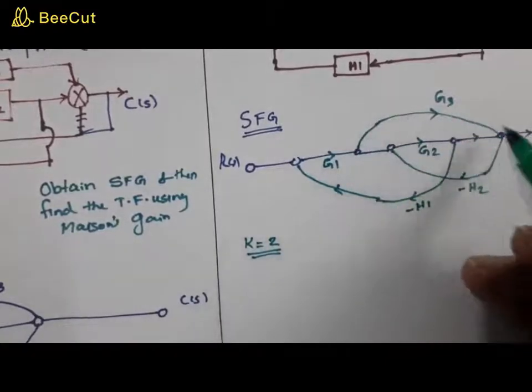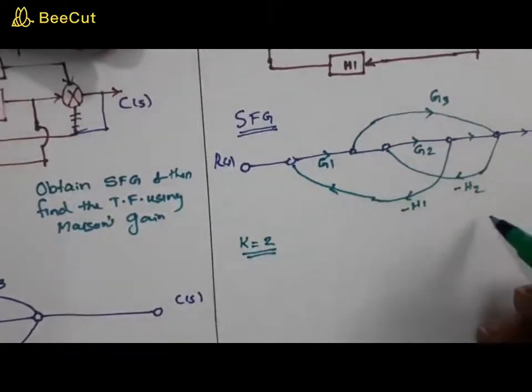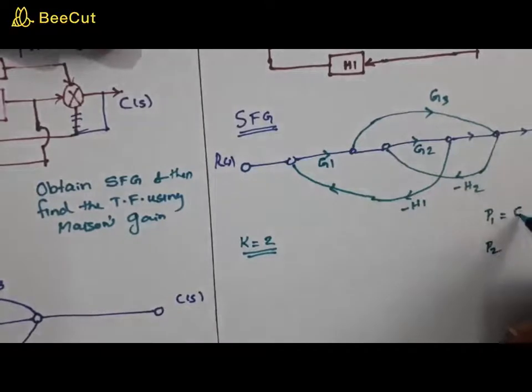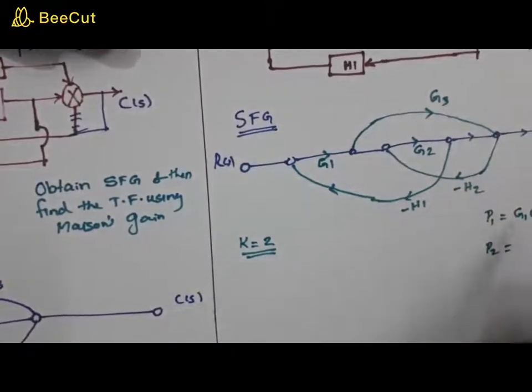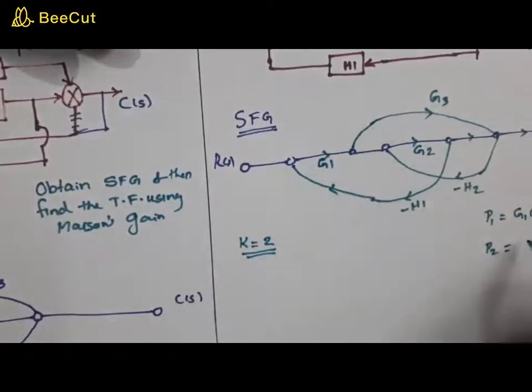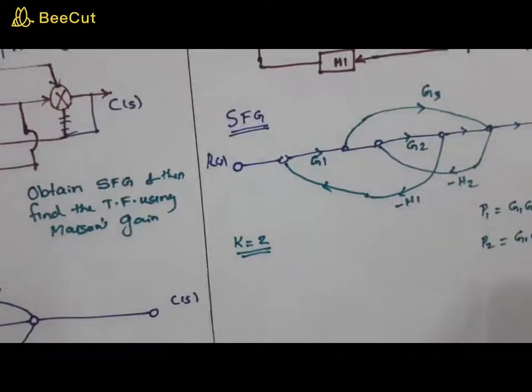Another path is G1, G3. So what will be your corresponding P1 and P2? P1 is G1, G2. That is the overall forward path transmittance of path 1. And the overall transmittance of path 2 is G1, G3. What about delta 1 and delta 2? We'll come to that after finding out the loops.